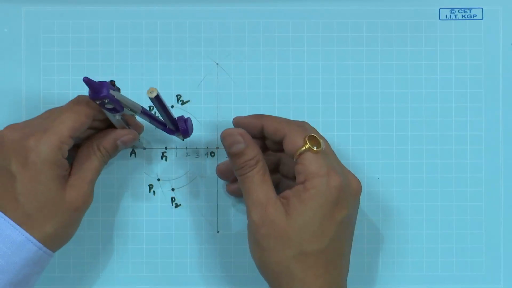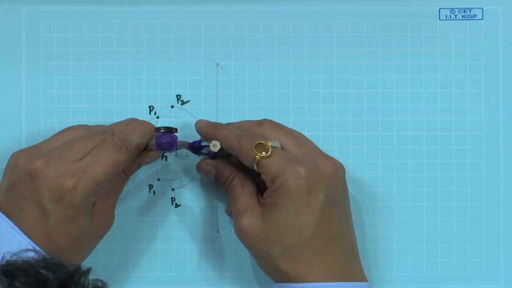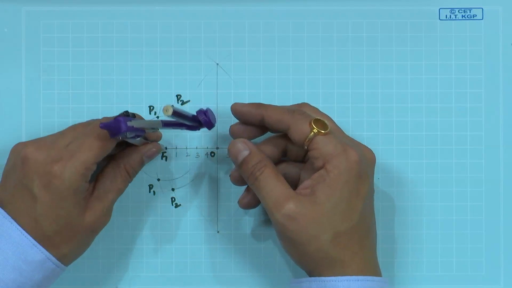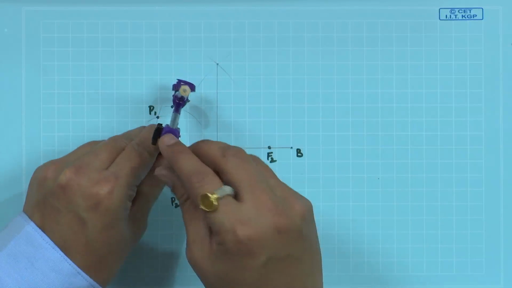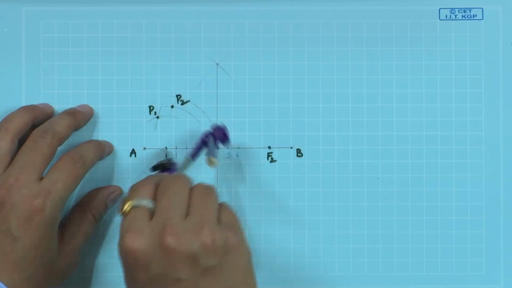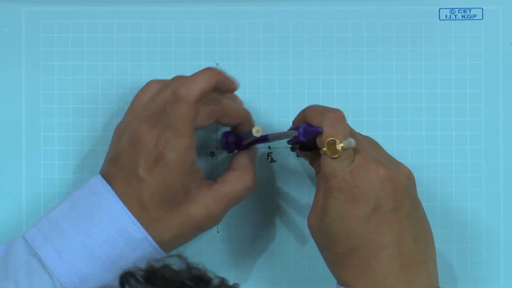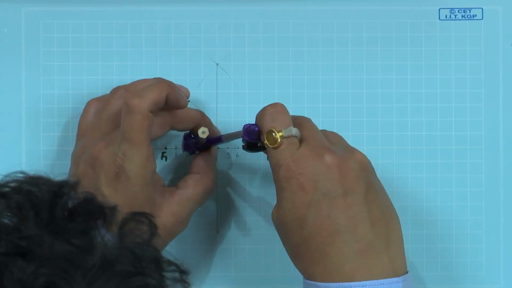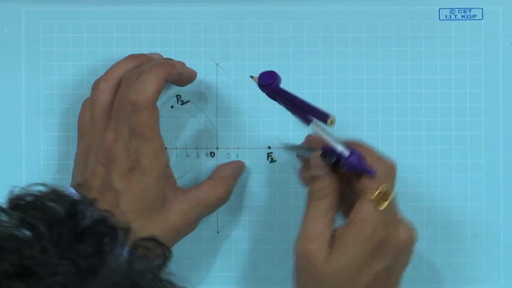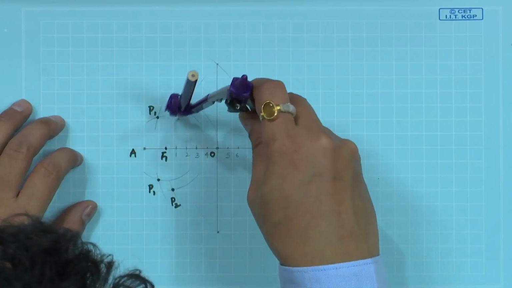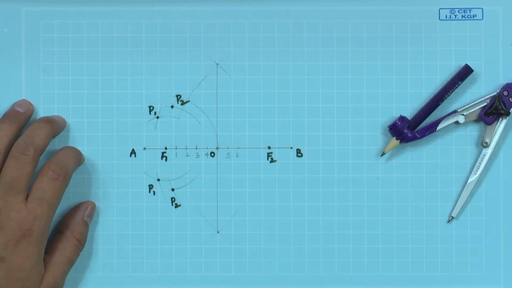Similarly, use A3 distance, center around F1, B3 distance, center around F2, mark it.